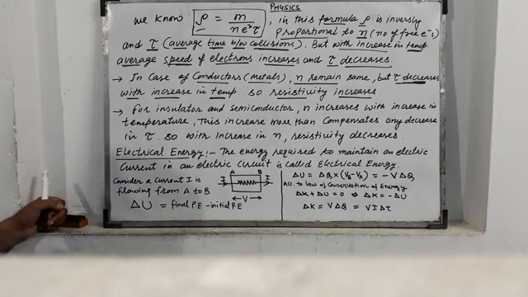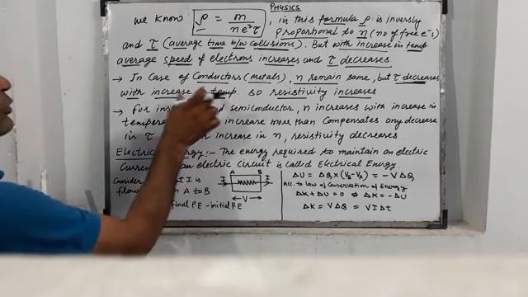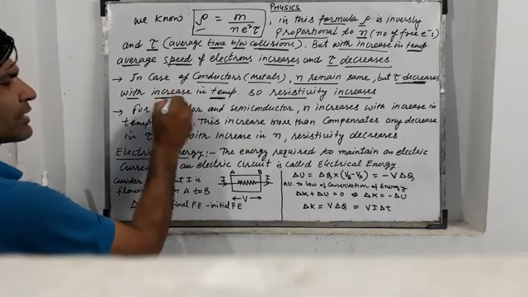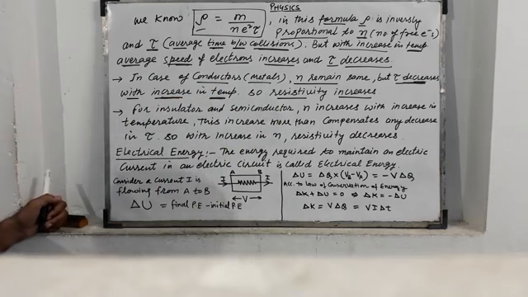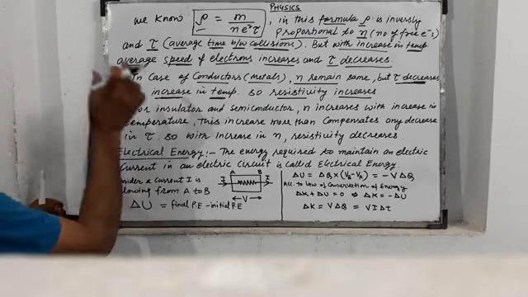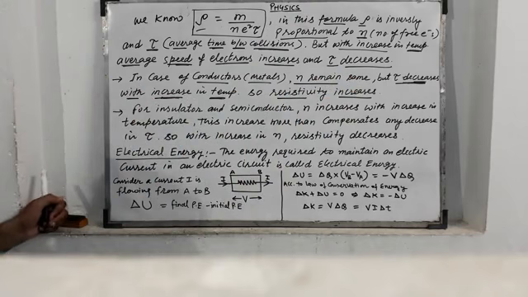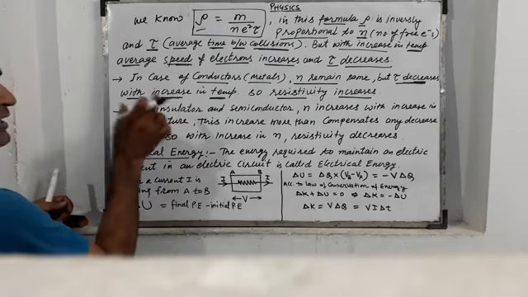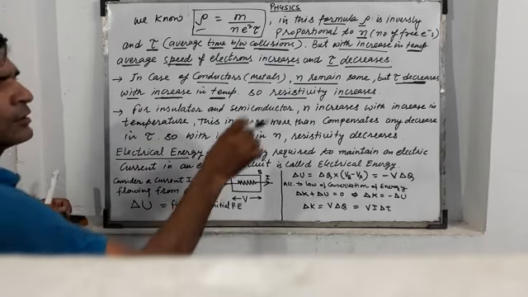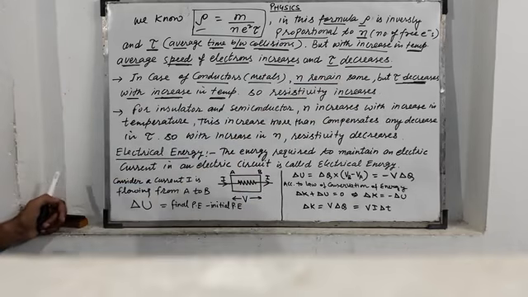This means when the temperature of a conductor increases, its resistivity also increases.